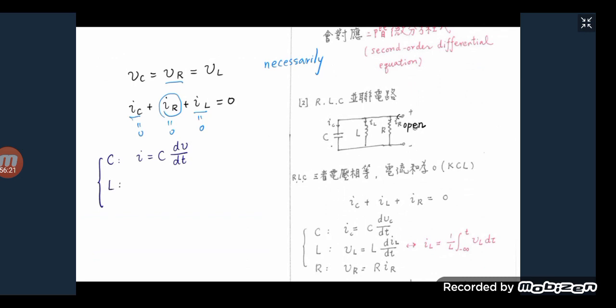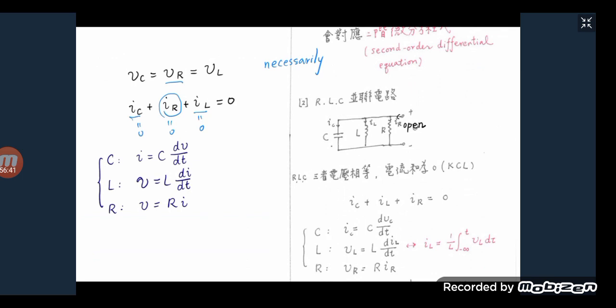For L, V is L di over dt, and for R, it's just Ohm's law, right? Any questions?